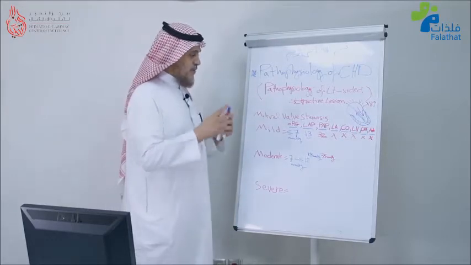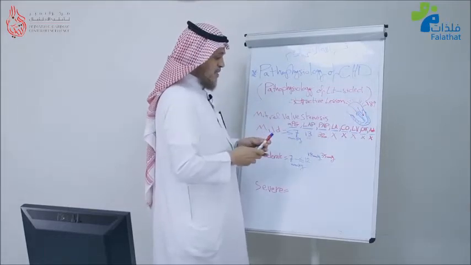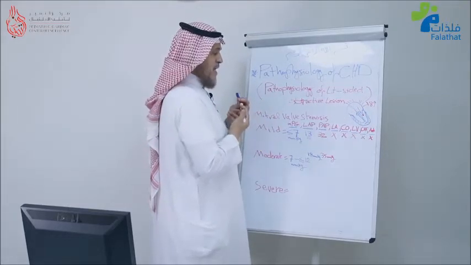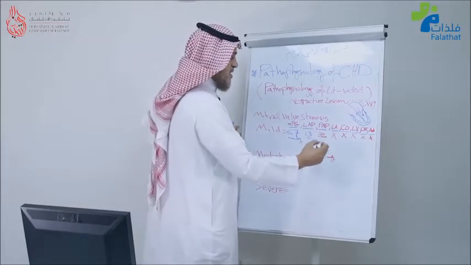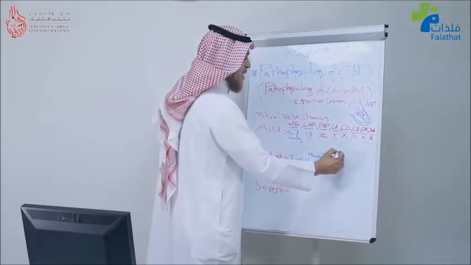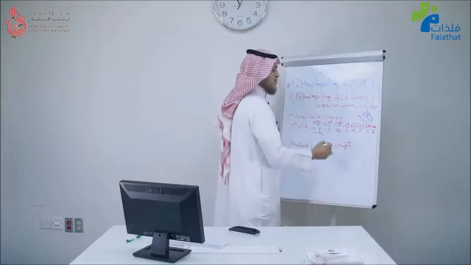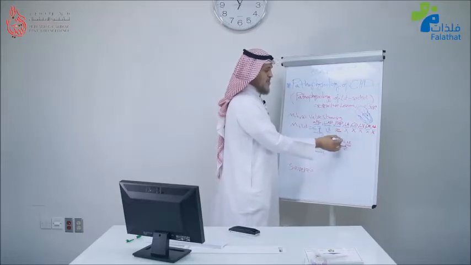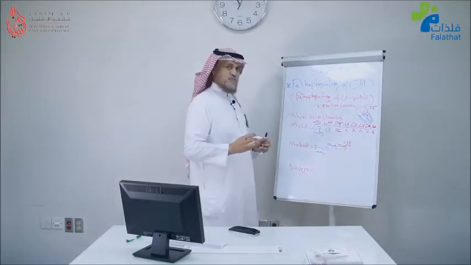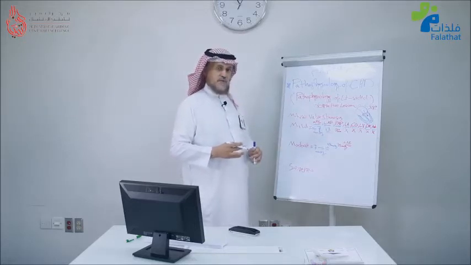And that's why here, because of this mean LA pressure of 18, we will start seeing at least mild to moderate left atrial enlargement. So there will be here left atrial enlargement, yet it is not severe. It could be mild, maximum moderate left atrial enlargement because of such moderate mitral valve stenosis.